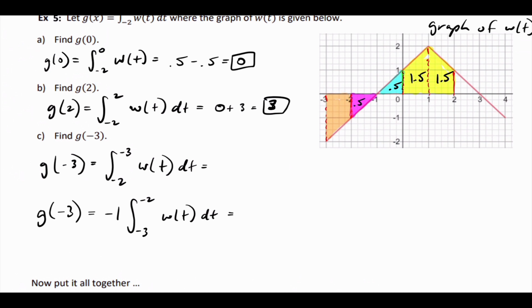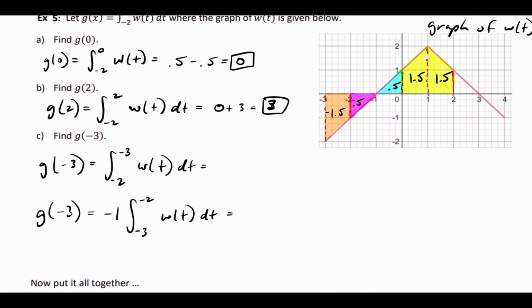Divided by 2, you're going to get 1.5. But it's negative, since it's below the x-axis, just like this guy was. So the area is negative 1.5. But then I have to multiply it times the negative 1 that I had for flipping the bounds. So now the area is going to be positive 1.5. It gets a little tricky there when you have to flip the bounds.